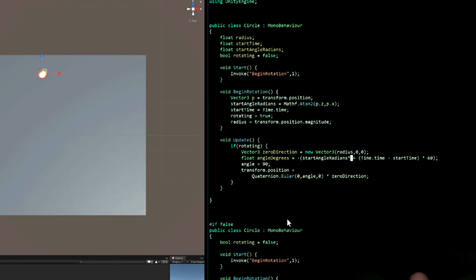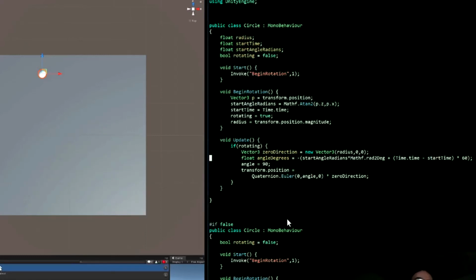Start angle, okay. Then probably the more correct way of doing this is to take the start angle in radians and multiply it by Mathf radians to degrees. So then this is in radians, and this is now in degrees, and this is in degrees.